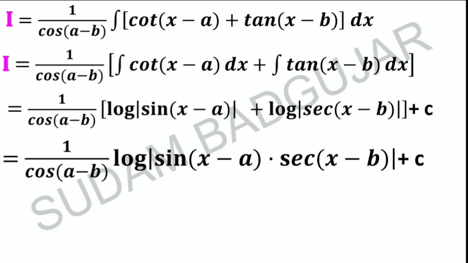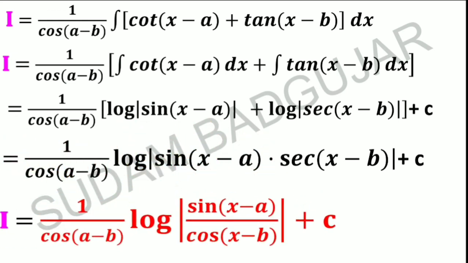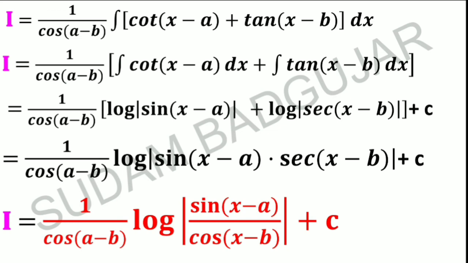What is sec x? 1 upon cos x. So it is nothing but 1 upon cos of (a minus b), where a is constant and b is constant, so 1 upon cos of (a minus b) is a constant, into log of sine of (x minus a) upon cos of (x minus b) plus c.